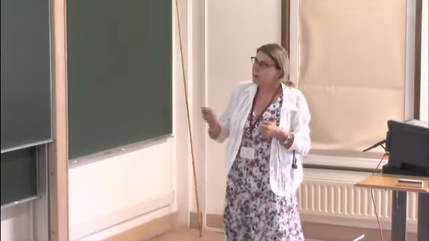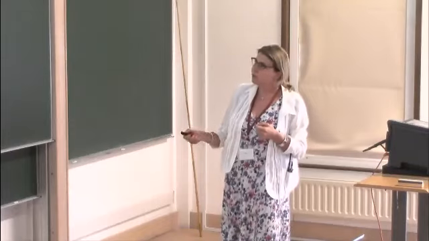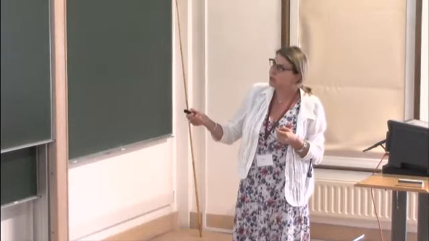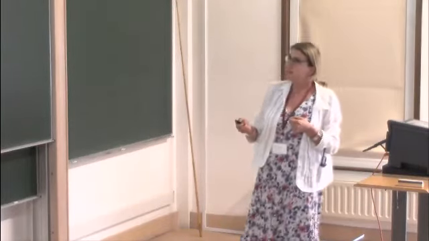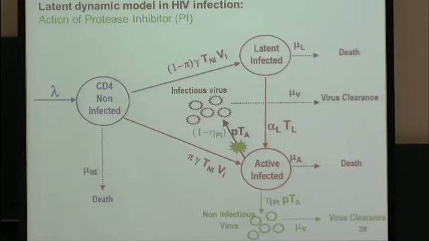We can also have protease inhibitors, which prevent the formation of infectious virus. The way it's done is that some of the virus produced are indeed infectious, but some of the virus are wrong, let's say, and they're non-infectious. And eta PI, again, explains the proportion or the activity of the drug. If eta PI is 0, we all have infectious virus.